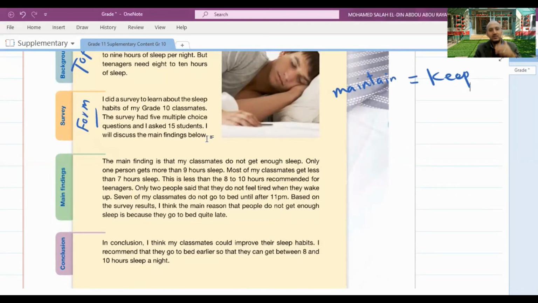The survey had 5 multiple choice questions, and I asked 15 students. I will discuss the main findings in the next paragraph.